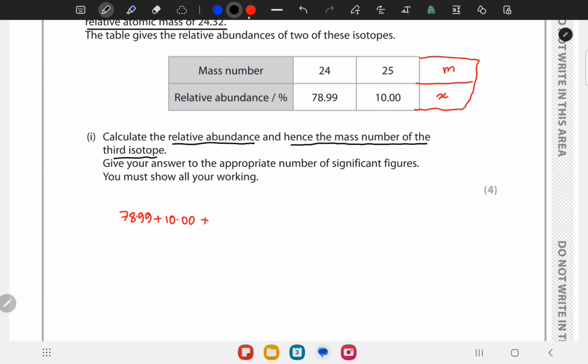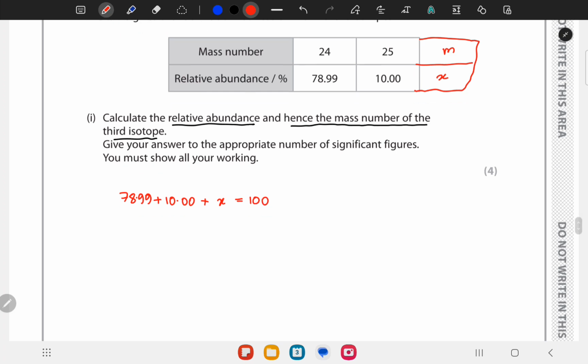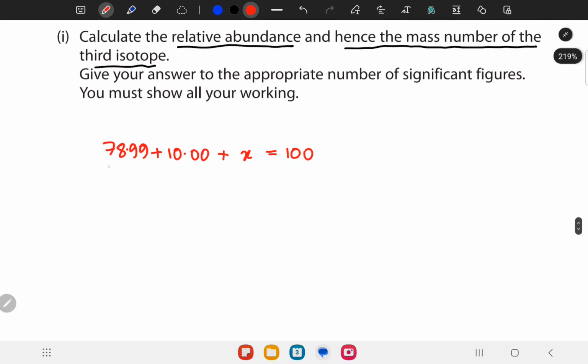So this plus X would be equal to 100. So the total percentage would be 100. So if we add up the abundances of each of the individual isotopes, we'll get 100. So the abundance for that would be 11.01%.